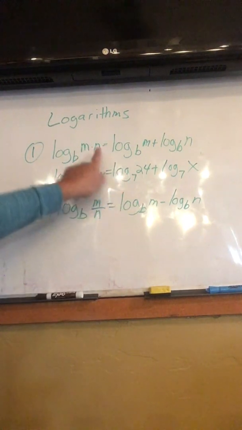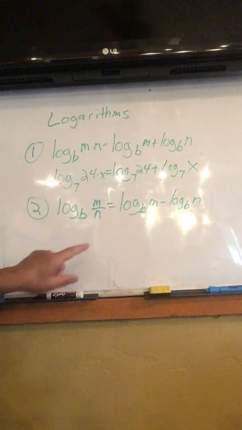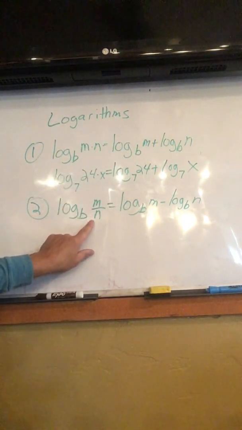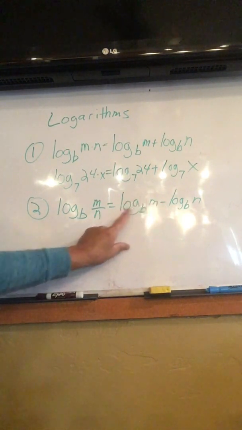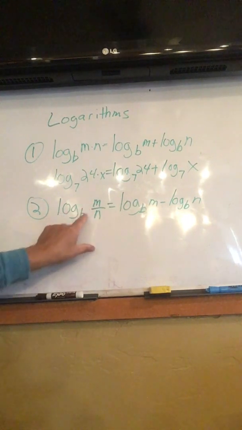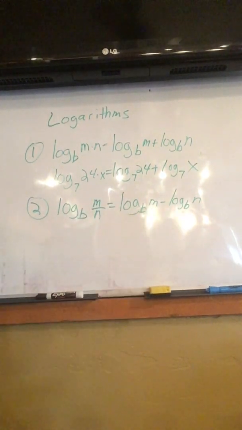So notice that it follows a lot like the multiplication, except you have m divided by n now, and so you have a negative sign in between your two logs. So the negative and the division follow each other.